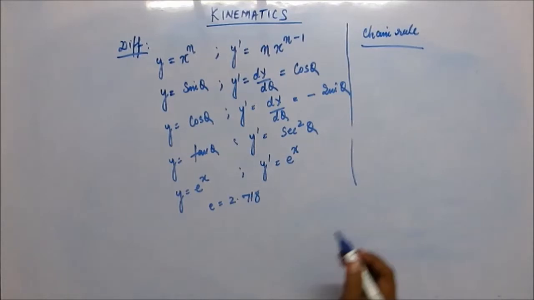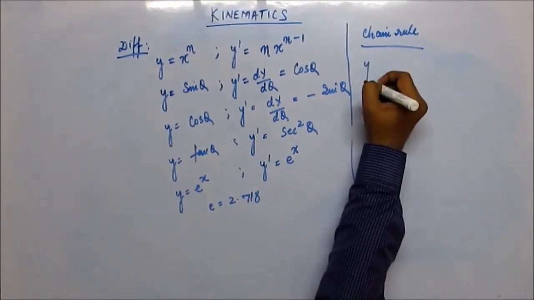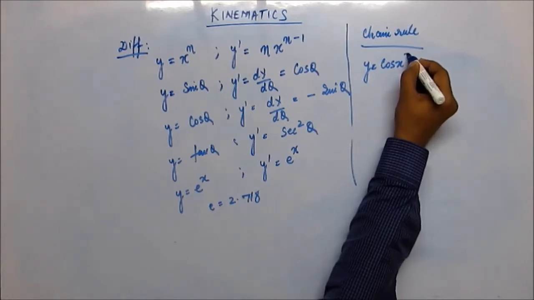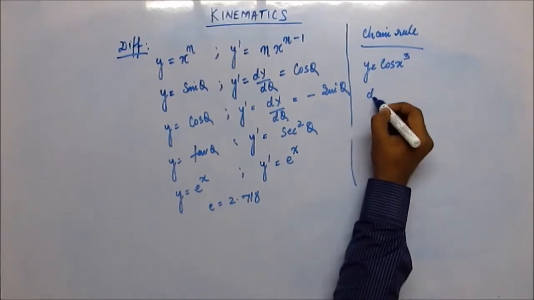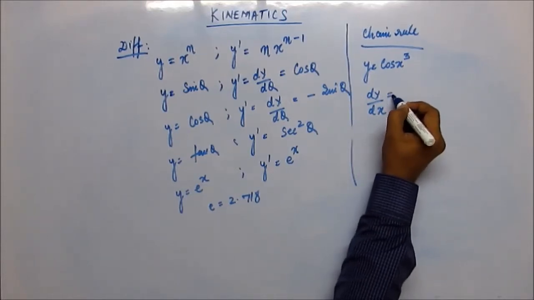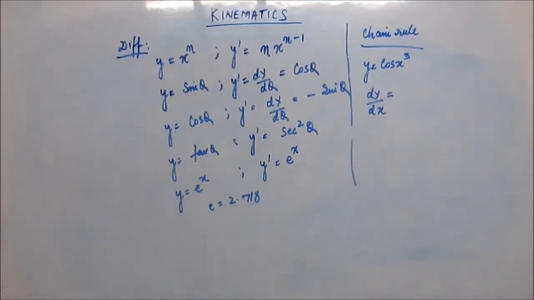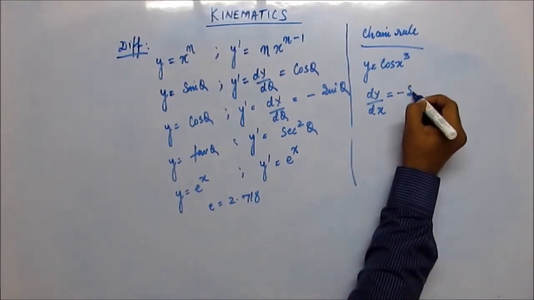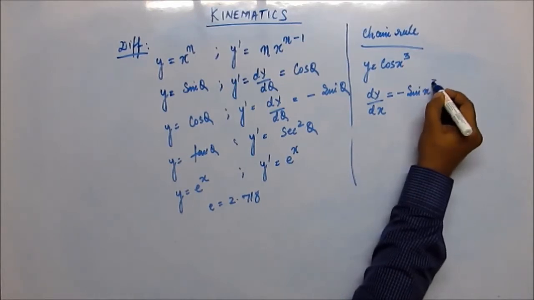For example, suppose we have y is equal to cos x cube and we have been asked to find dy by dx. So dy by dx, let's apply chain rule. Now don't worry about the argument of the cos, simply differentiate cos. Differentiation of cos is minus sin and let the argument be as it is.